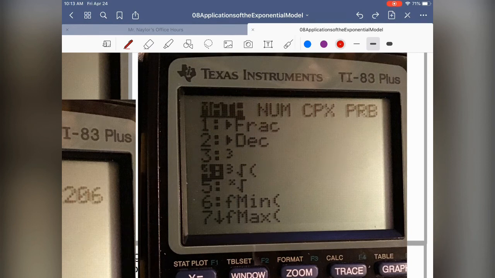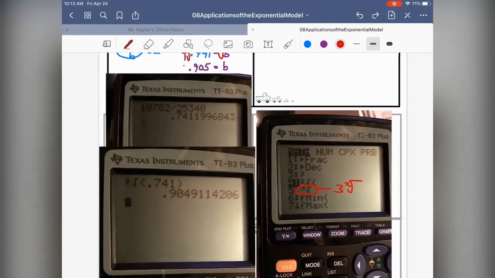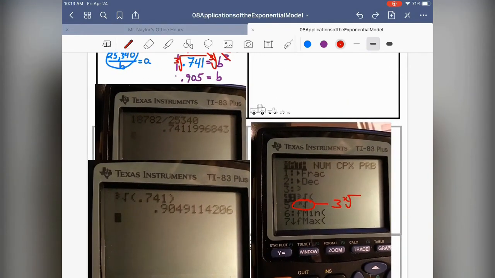Some of you will find an X root button. If you use the X root button, you actually first want to type the number 3 on your keyboard, and then you will activate the X root button. And what happens is the number 3 will get inserted in here for this root. Okay? So we do the cube root of both sides, and we get 0.905 if we round that to 3 decimal places.